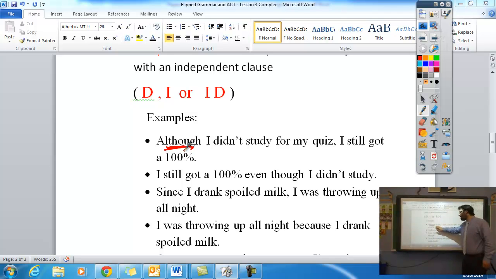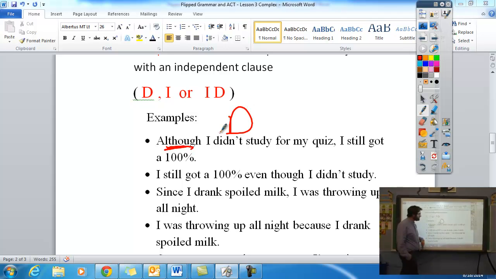So, although I didn't study for my quiz, I still got a 100. So what we have here is a dependent clause, and then I still got a 100. That can be its own sentence. So that's an independent clause. So to make this complex sentence, we've got a dependent clause, although I didn't study for my quiz, right?